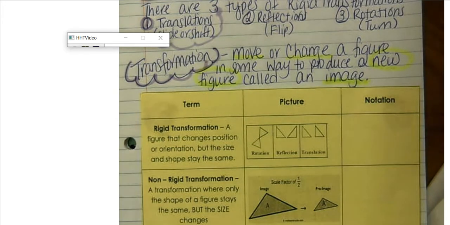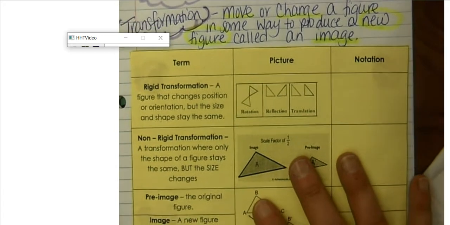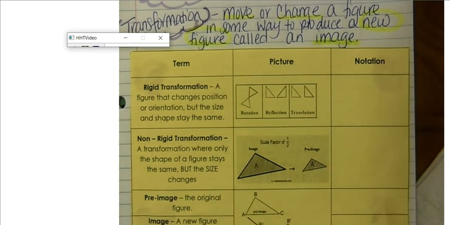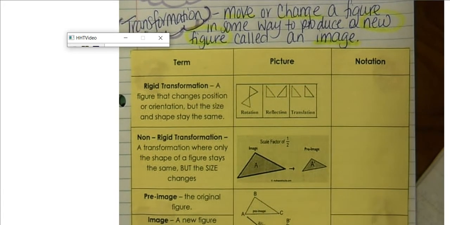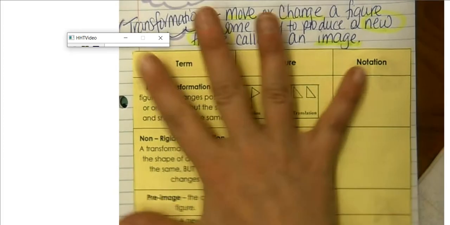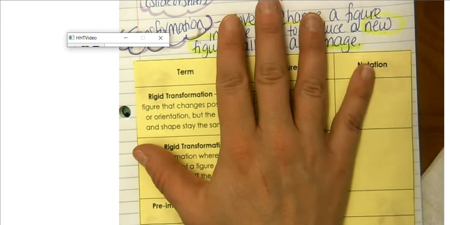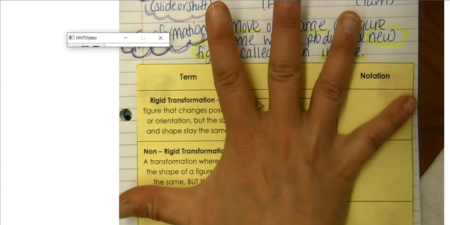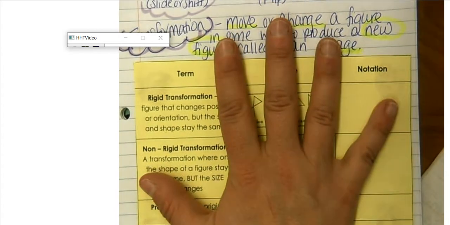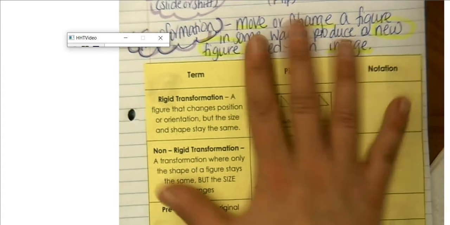So what I have here is our vocabulary. Rigid transformations. And once again, rigid means that it stays the way that it is. It doesn't get smaller, it doesn't get bigger, it just stays the way that it is, and it's just being moved.